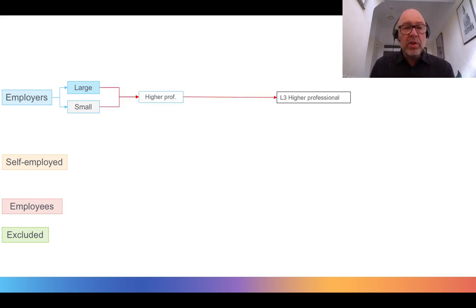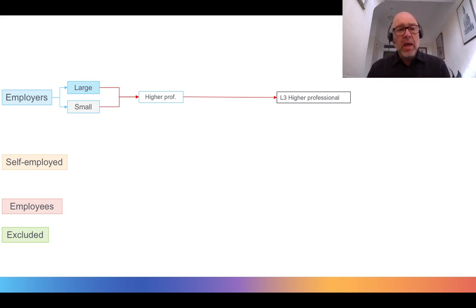But there's an exception here, and this runs across employers, self-employed, employees, managerial status and that sort of thing. Higher professional occupations always go to higher professional occupations. We would say a professional is a professional is a professional, and so that overrides the other status.